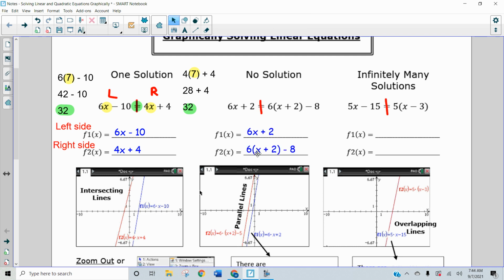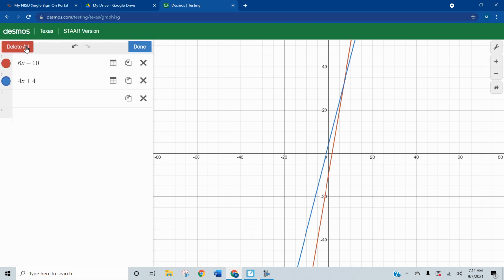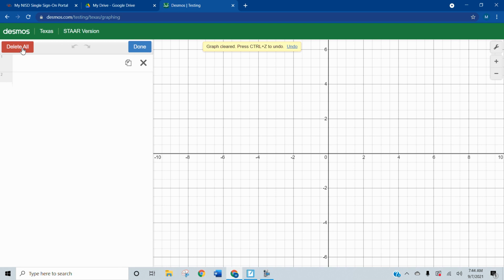And we want to graph both of these. So 6x plus 2, which is our left side, and 6 parentheses x plus 2, close parentheses, minus 8. As we come back here, I can click and use the x's to delete those, or I can go here and delete all. So little cogwheel and delete all.